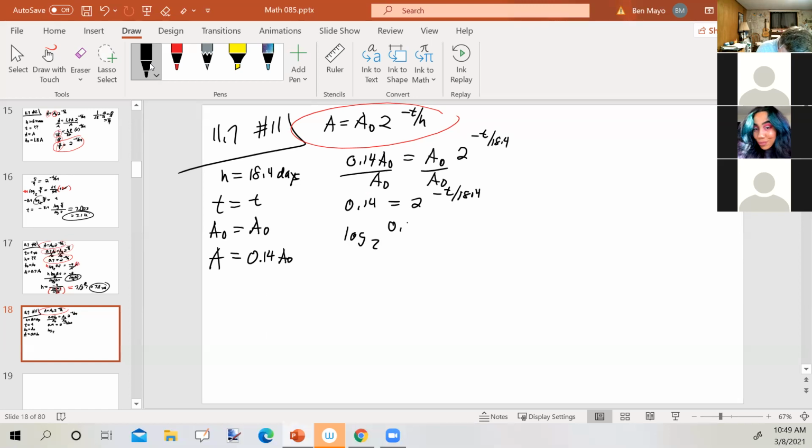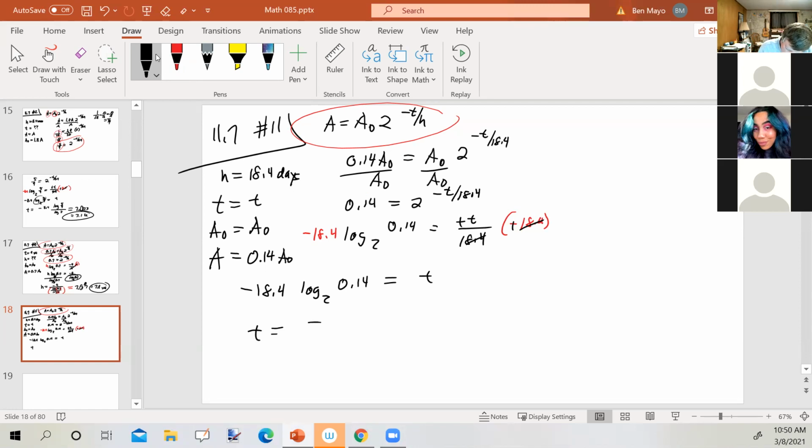Log base 2 of 0.14 equals -t over 18.4. I want to solve for t, so I'm going to multiply both sides by -18.4. So on the left side, I get -18.4 log base 2 of 0.14. On the right side, I get t because the 18.4s and the double negatives go away.